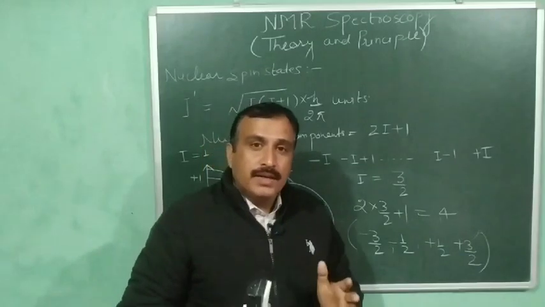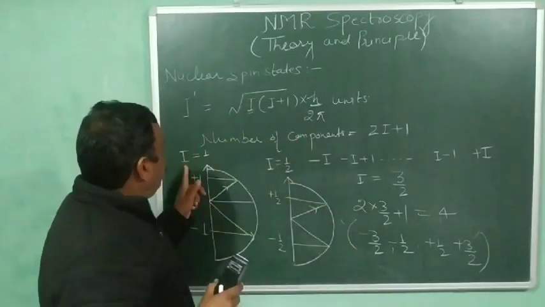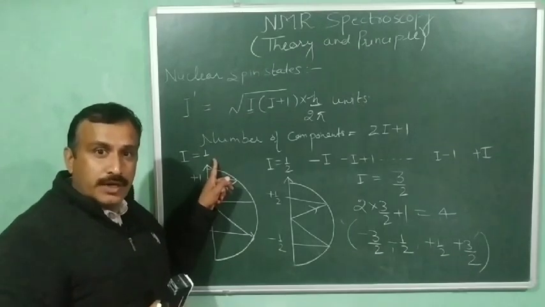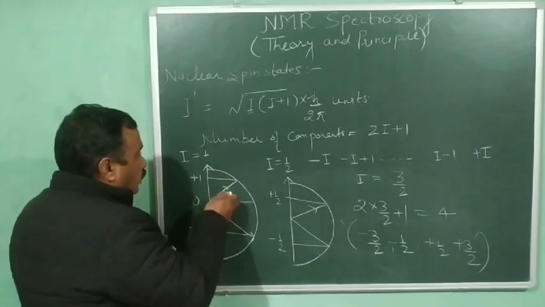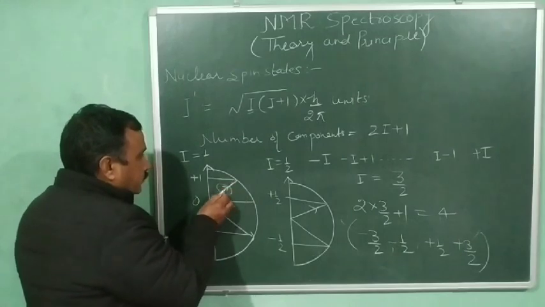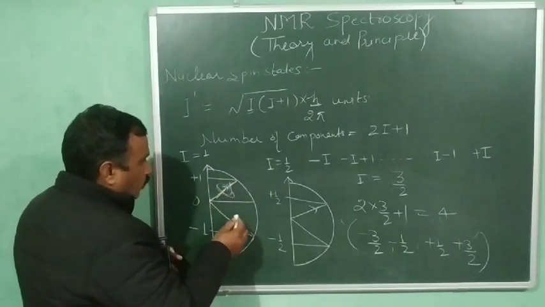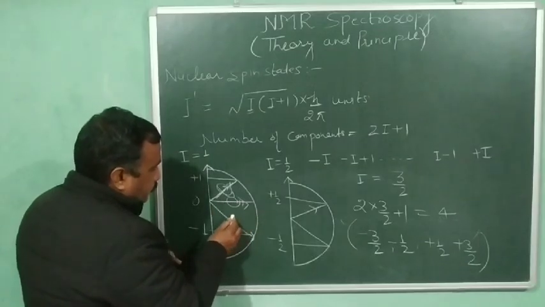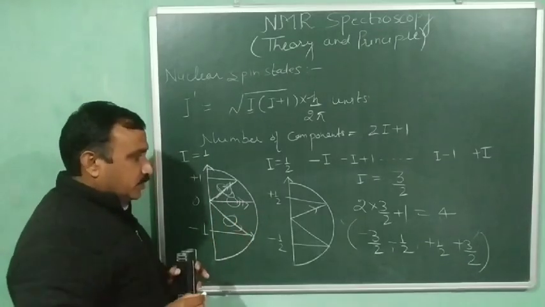Okay, this means that the nucleus having I equal to 1 will have 3 nuclear spin states. That is, it can spin in this direction, it can also spin in this direction, or this direction.